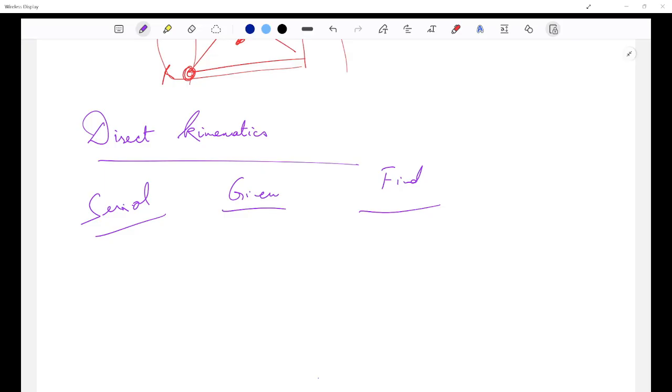No one? It's a very basic question. Come on. What goes in direct kinematics? What are you given and what do you want to find?